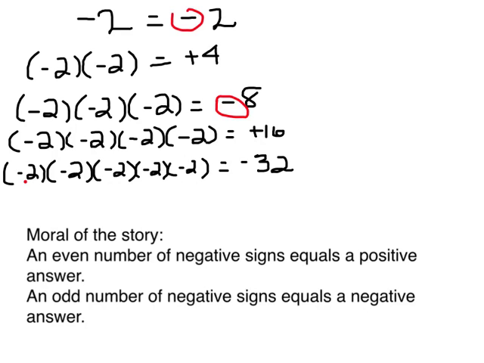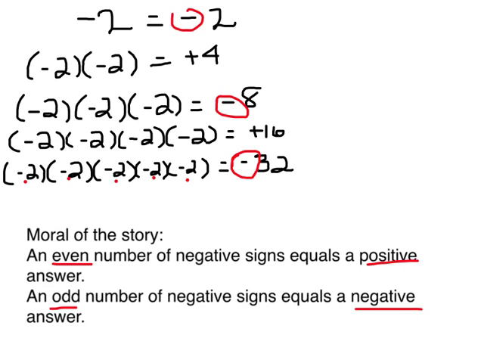And negative 2 times negative 2 times negative 2 times negative 2 times negative 2 is a negative 32. Again, the moral of the story, an even number of negative signs equals a positive answer, and an odd number of negative signs equals a negative number for your answer.